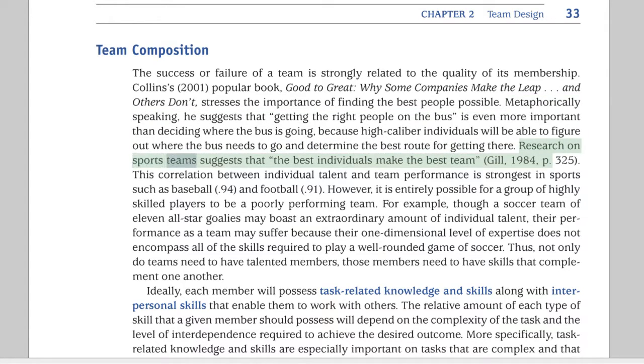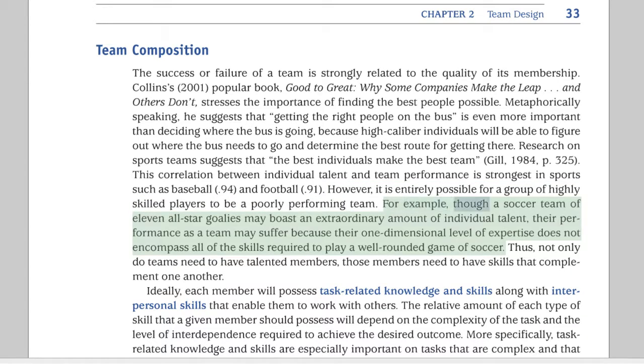Research on sports teams suggests that the best individuals make the best team (Gill, 1984, page 325). This correlation between individual talent and team performance is strongest in sports such as baseball (.94) and football (.91). However, it is entirely possible for a group of highly skilled players to be a poorly performing team.